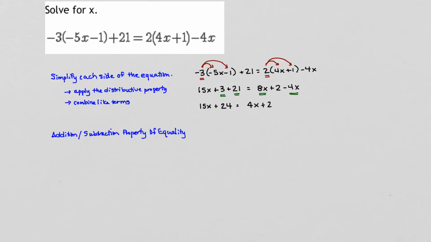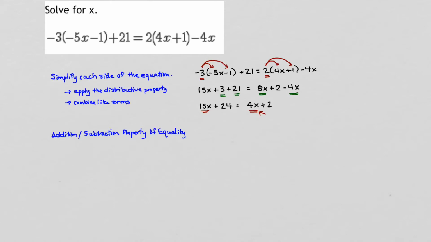How does that help us? Well, the whole goal in solving an equation is to get x by itself. And so one of the first steps we want to do here with the addition-subtraction property of equality is to get all of our x terms together. Notice I have a 4x on the right side and a 15x on the left side. It'd be really nice if all the x's were together. Usually I like to bring my x terms to the left side, and so that means I would need to remove this 4x.